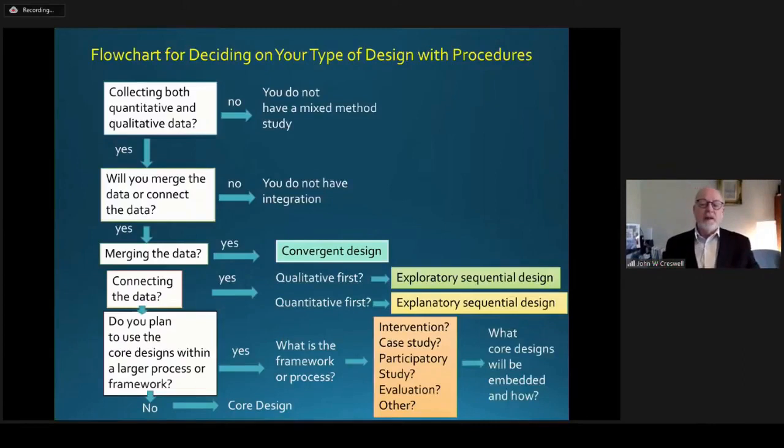And then how are you actually embedding it? So this is a flow chart that I would work with you on to identify what your core design would be, and possibly if you're going to do a complex study, what that might be.